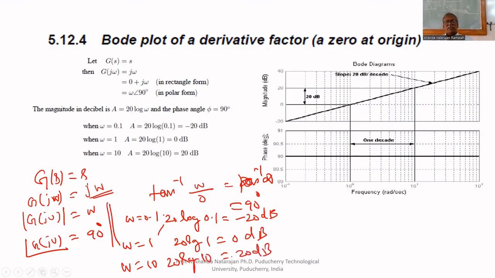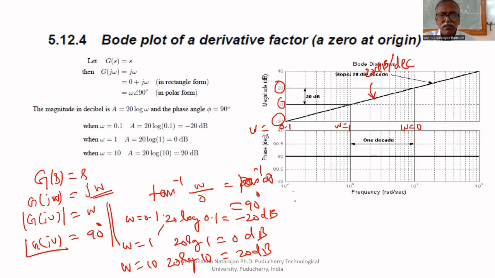So as omega increases, the magnitude increases. Therefore, the slope is 20 dB per decade, a positive slope.